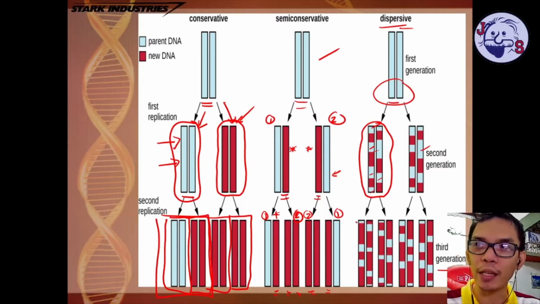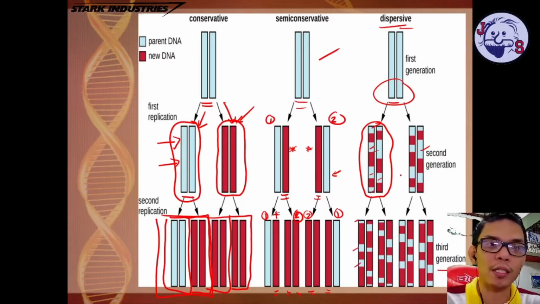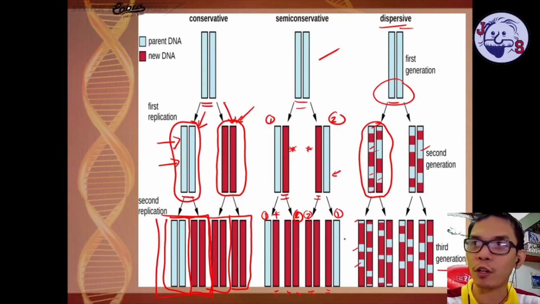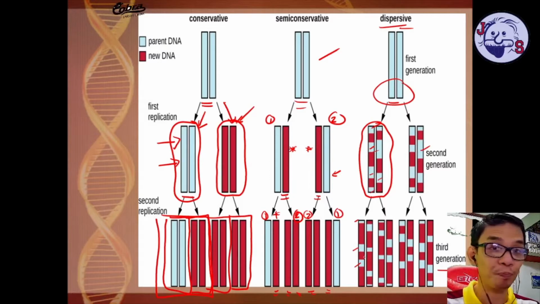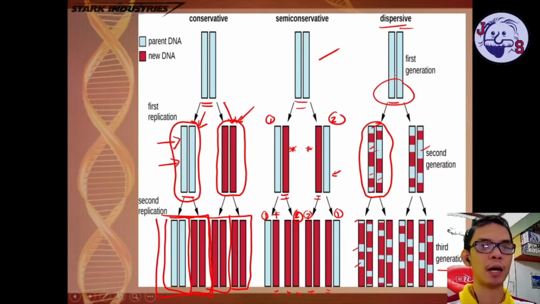As you can see here, the parent molecule has been randomly distributed all throughout the generations, but on the second generation it is now being cut short, shortened compared to the previous one. So that is the dispersive model.